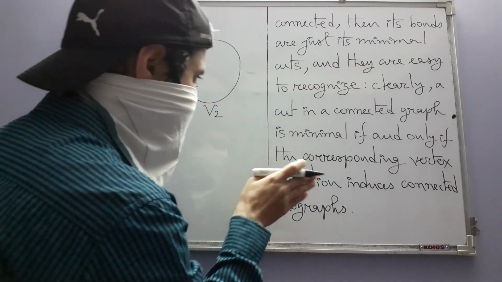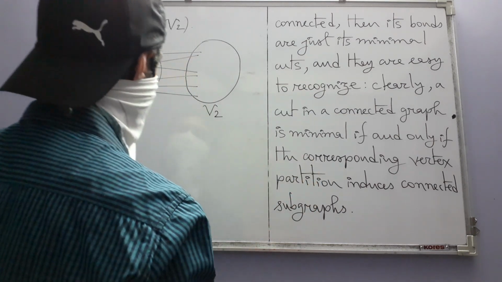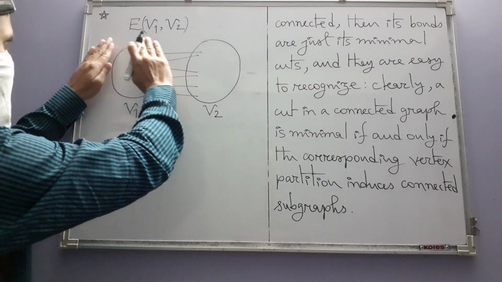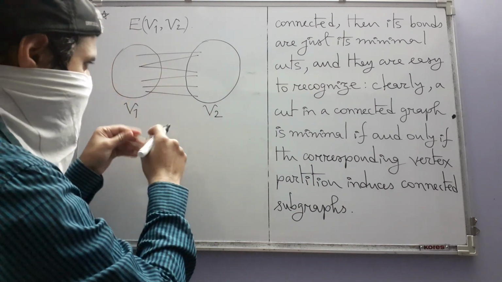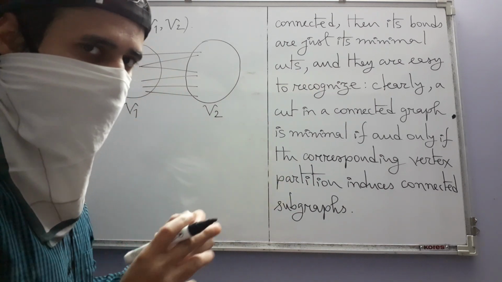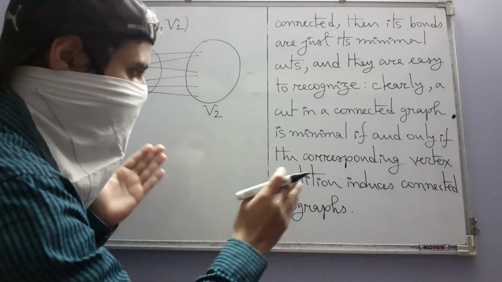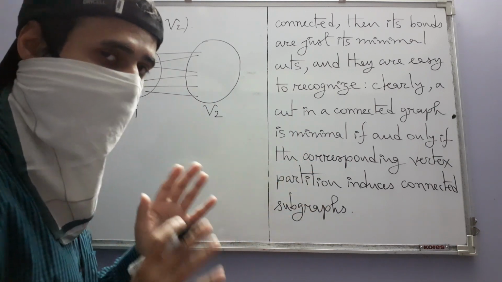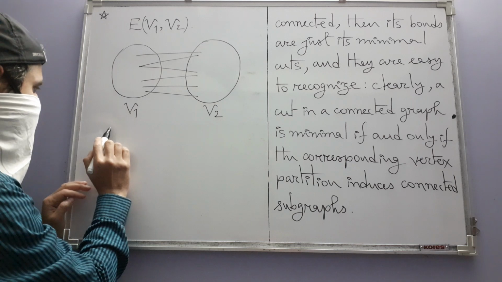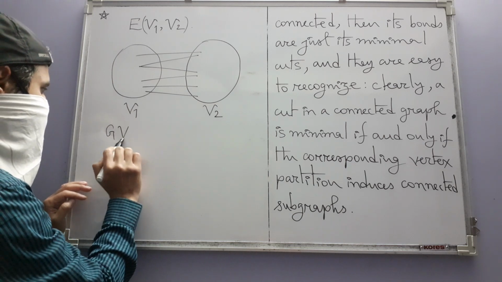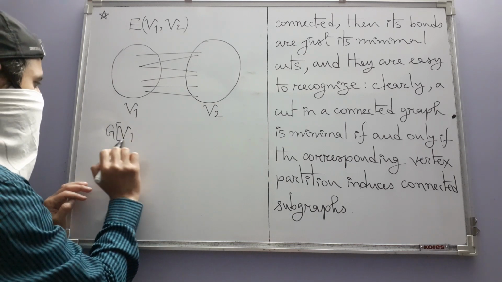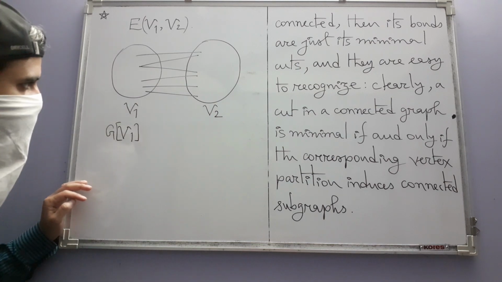So what this condition is saying is that the vertices in V1 will induce a subgraph, right? If you consider those vertices and all the possible edges among them, that gives you this induced subgraph in G induced by V1.